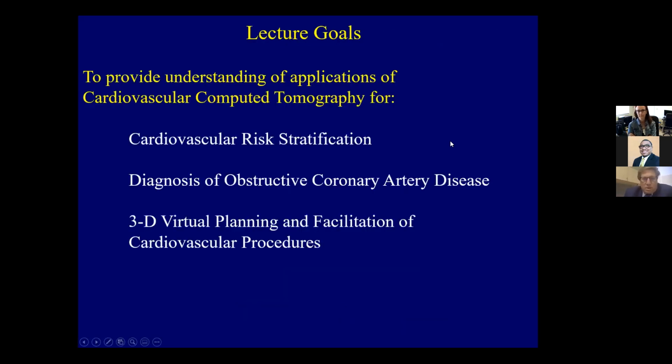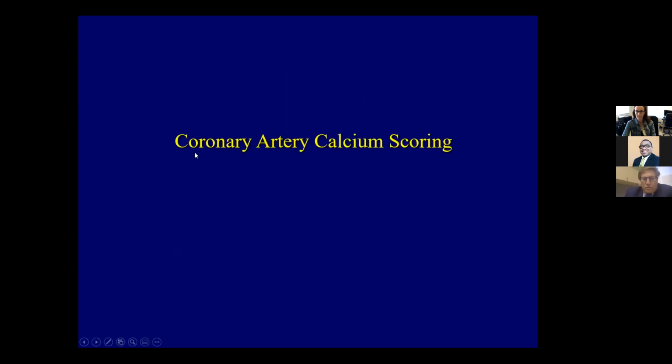So basically the goals of the lecture are to provide understanding of applications of CCTA: one, cardiovascular risk stratification, and we'll talk about calcium scoring. Second, diagnosis of obstructive coronary artery disease. And third, an area that's one of my areas of work, which is 3D virtual planning and facilitation of cardiovascular procedures. So first, we'll start with coronary artery calcium scoring.